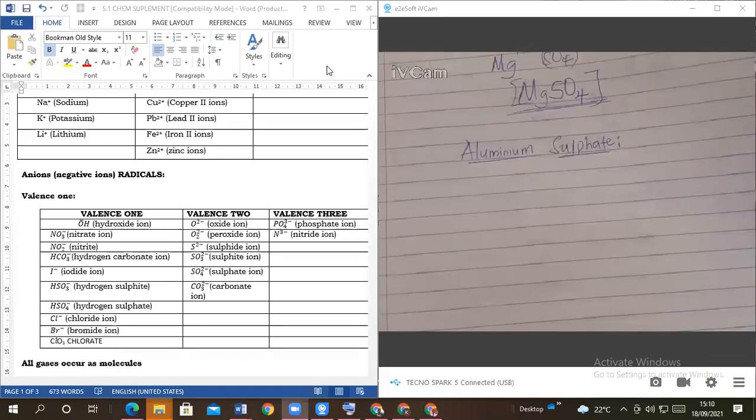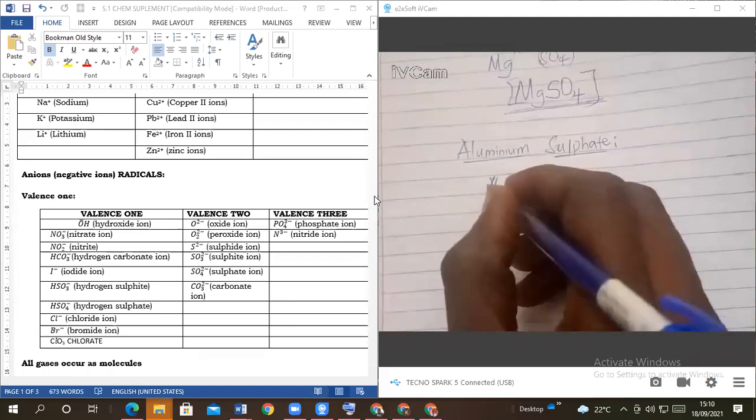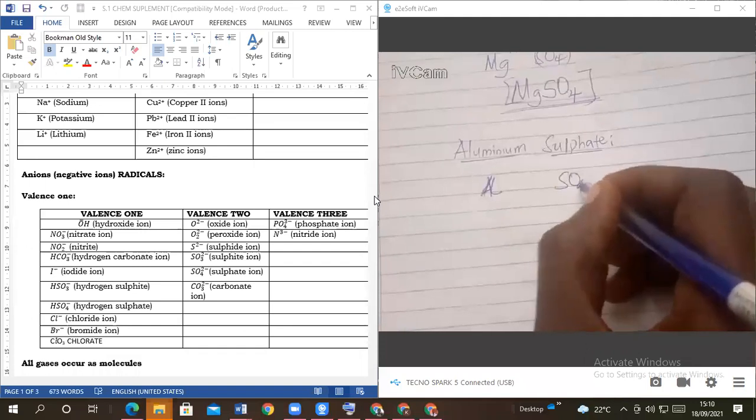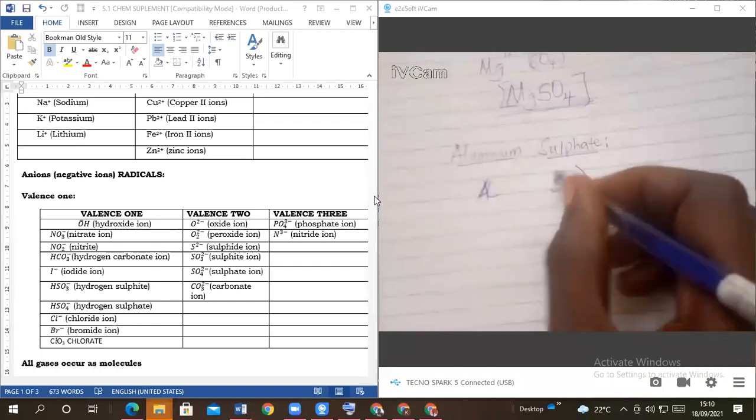The first thing is to write the elements or radicals present. We have aluminium Al and the sulfate, which is SO4. If the 4 is not there, it is a wrong substance. Now go and look for the powers.